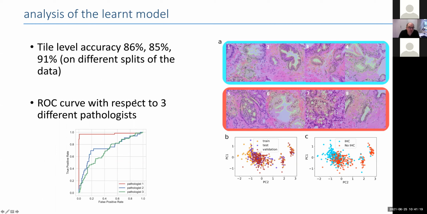And remember, in the validation, we compared to 3 different pathologists. So you see 3 different ROC curves, and you also see the test, train, and validation sets visualized down here in panels B and C.